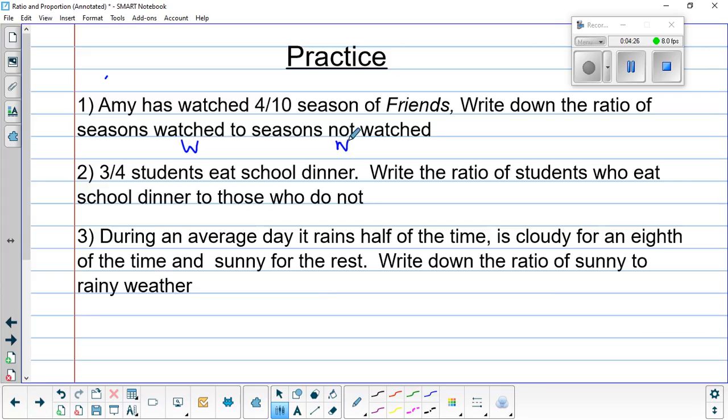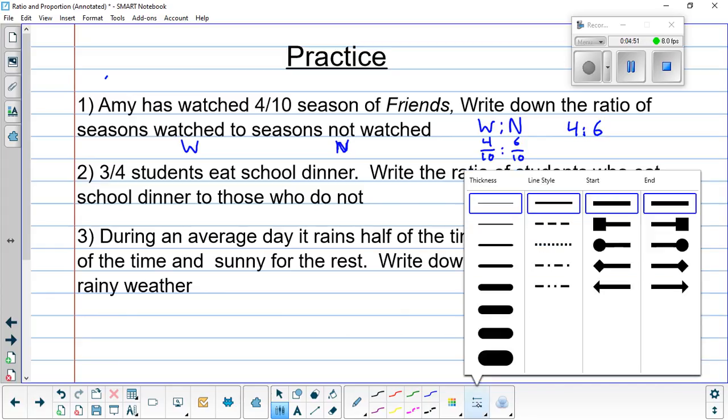You can sometimes just label them whatever you want, if you want to use A's and B's for everything, X's and Y's. But I like being a little bit descriptive myself. So watched to not watched. So we have 4/10 she watched and 6/10 did not. And so our end ratio is just 4:6.